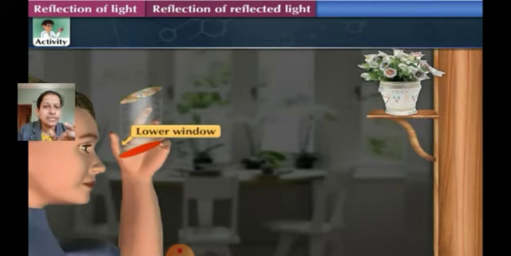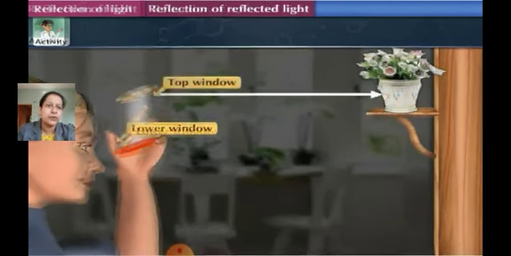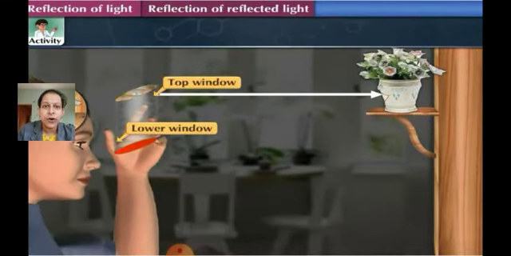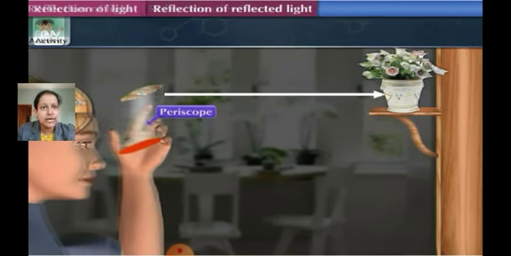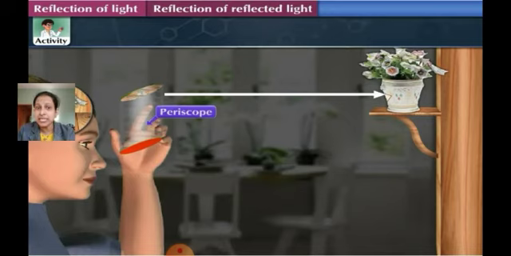You need to view through the lower window, and from the upper window you will get the image which is formed. You will see the object through the top window, and the image of this will be formed in this lower window.